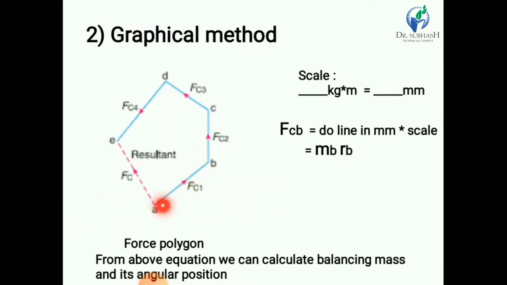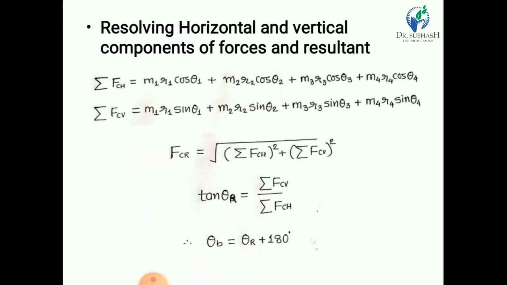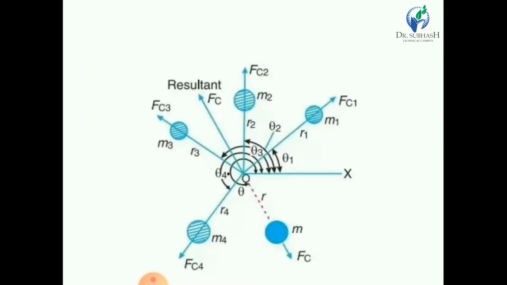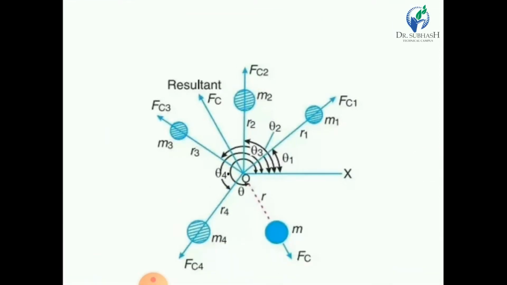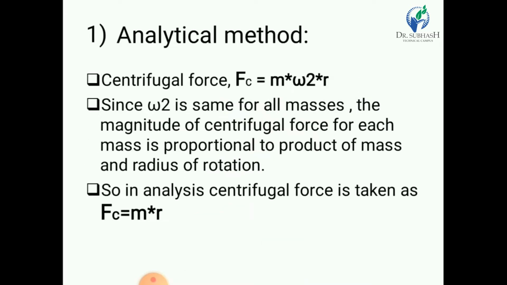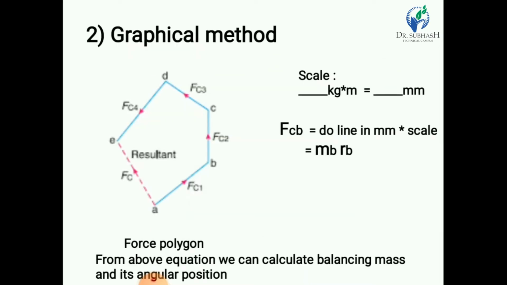So let us start. First of all, let us consider A is the initial condition. From this figure we can say that FC1 is the centrifugal force because of mass m1, having some magnitude FC1 and angular position theta 1. So here we draw the FC1 line in mm which makes an angle theta 1 with the horizontal.